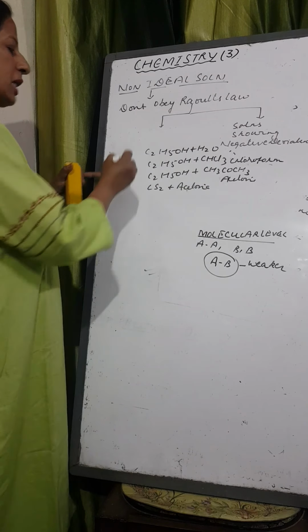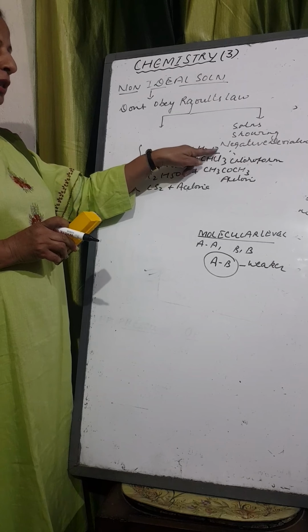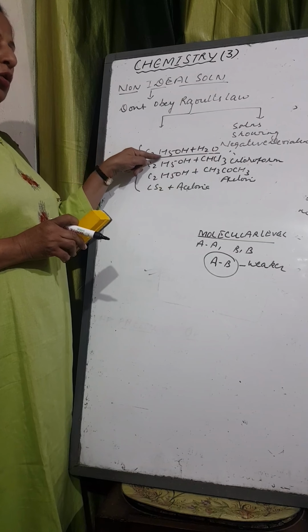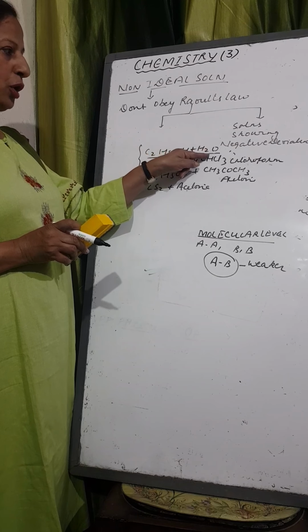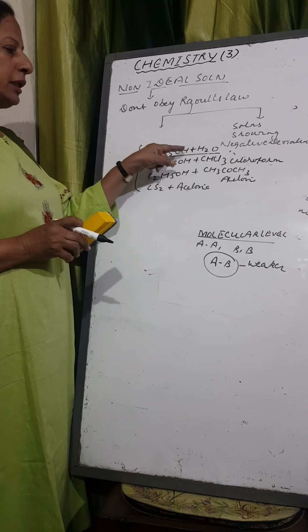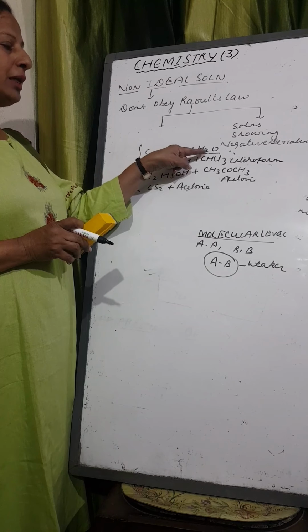Let's understand why these solutions are showing positive deviation. Actually, in water, there is strong hydrogen bonding between the water molecules. When alcohol is added, it enters between the host molecules of water and the tendency of hydrogen bonding decreases.